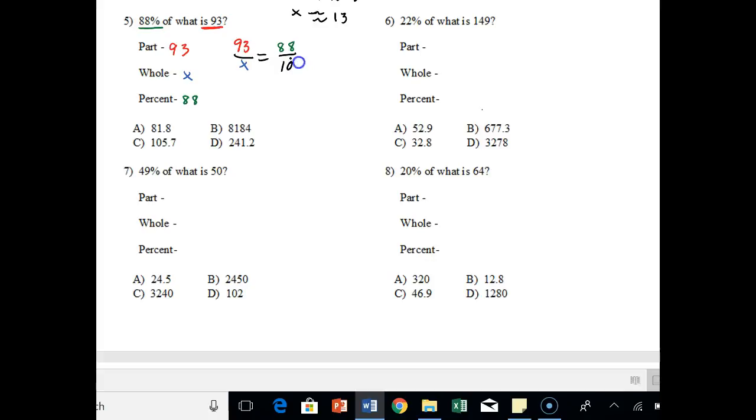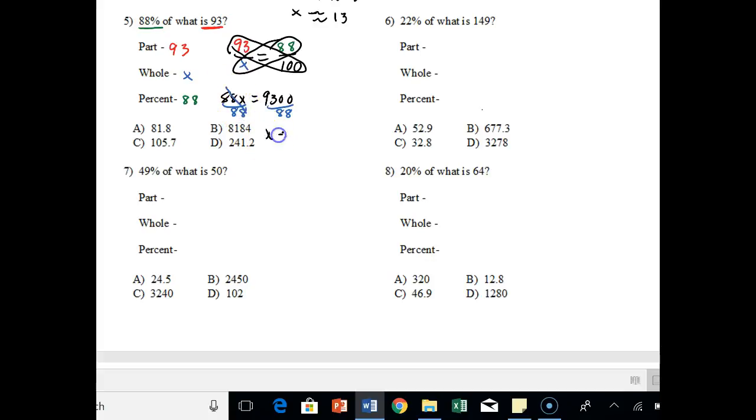over 100. Okay, so we're now going to go ahead and cross multiply. 93 times 100 is 9300. And 88 times x is obviously 88x, right? So let's divide by 88 on both sides. When we do that, the 88s cancel off because that's 1.